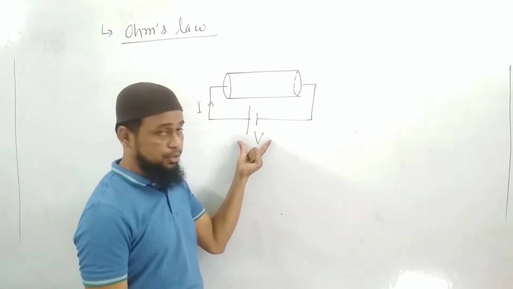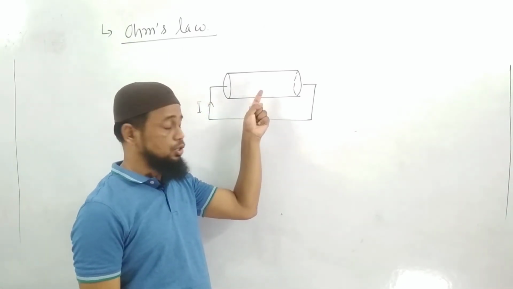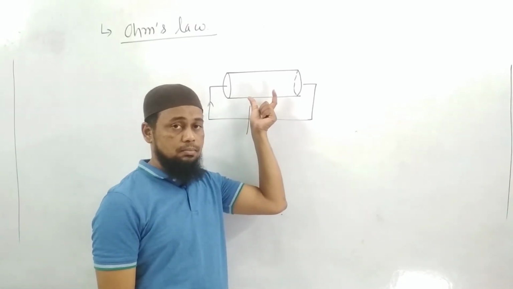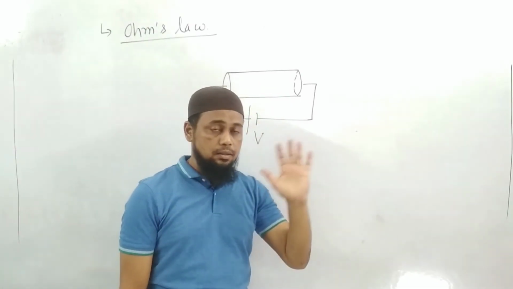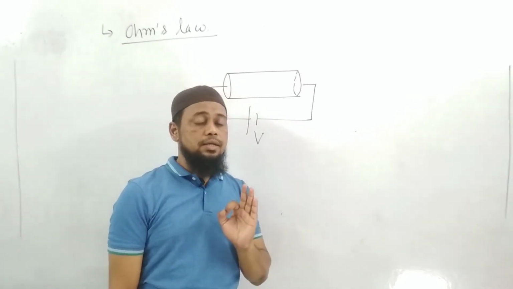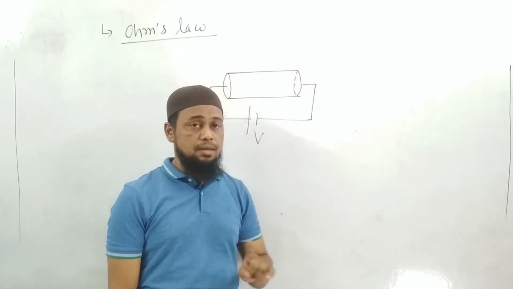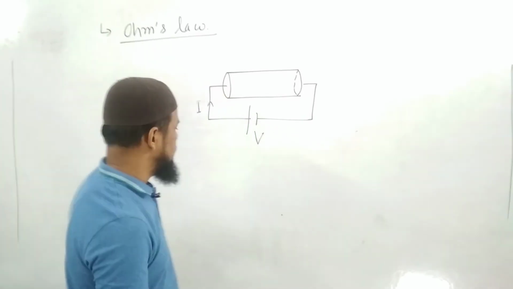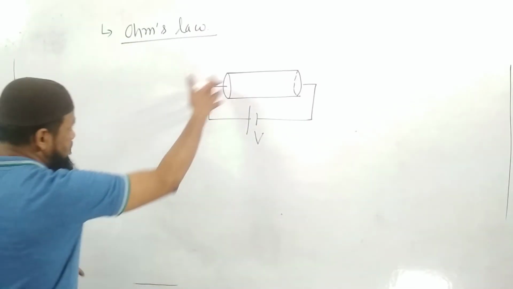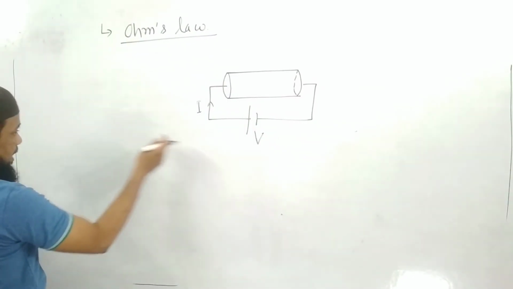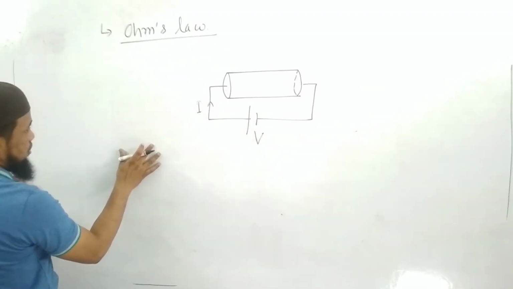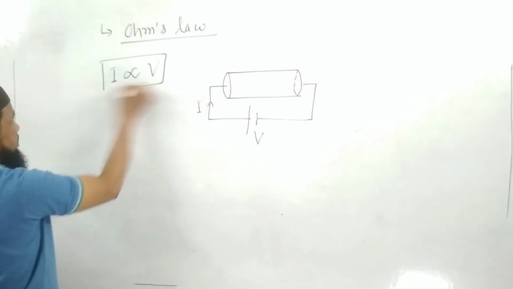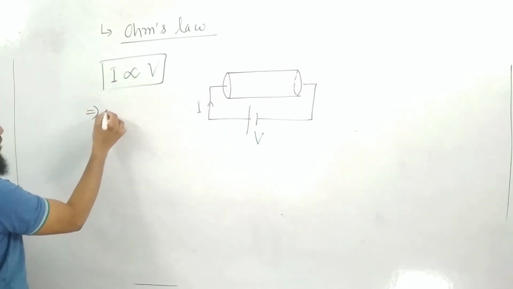If you apply more potential, the current will become more. If we apply less potential difference, current will become smaller. Clear? But the condition is that physical parameters like temperature and length should not change. Then the current passing through the conductor will be directly proportional to the potential difference applied across it.